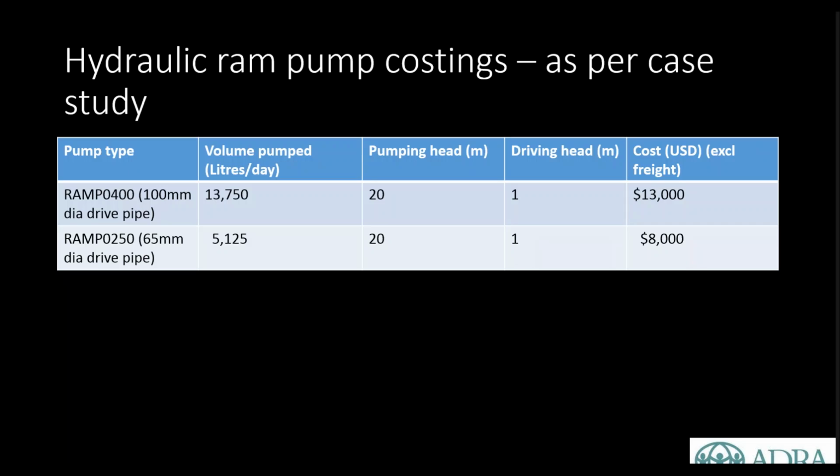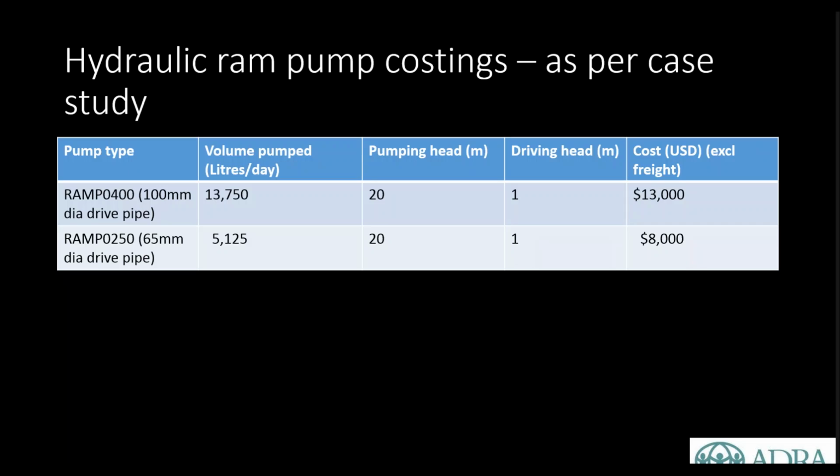So there are lots of different types of ram pumps. Quite a few of them are much smaller than this, so they have a smaller lifting head or pumping head. But these ones are quite a significant size pump and actually have a pretty good pumping head. That's one of the advantages of them, and that's what I meant by the efficiency being pretty good.